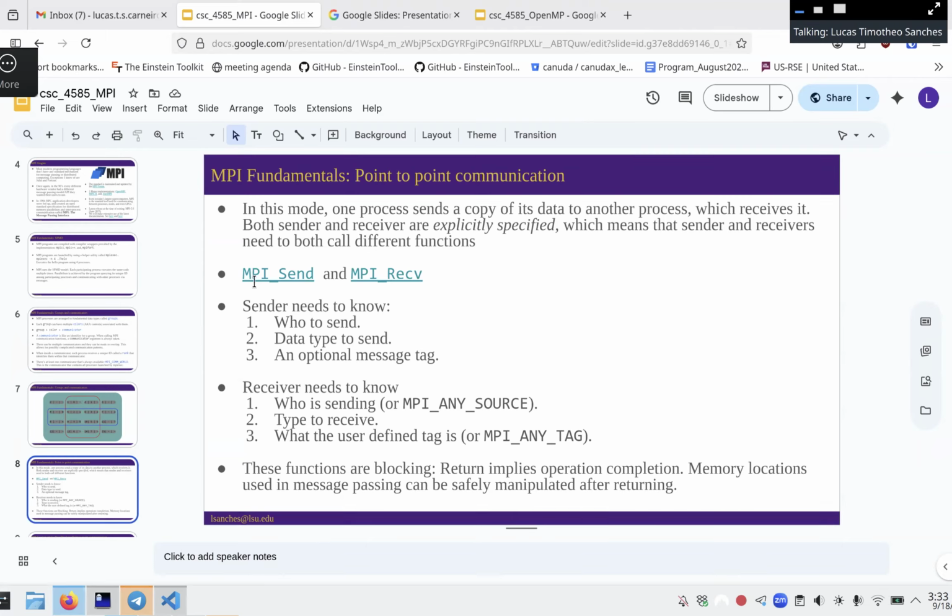What's going to happen is that your program is going to deadlock, because one of your participating processes wants to send a message, but there's no one else to receive it. And this is a blocking call, which means it only returns when the communication has completed. Because there is no one to receive the message, the communication will never complete.